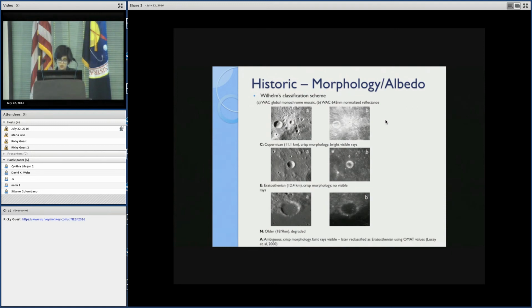Ambiguous craters were those that exhibited crisp morphology but faint visible rays, so we weren't sure initially whether they were Copernican or Eratosthenian, but we later reclassified them into the Eratosthenian category using OMAT values.